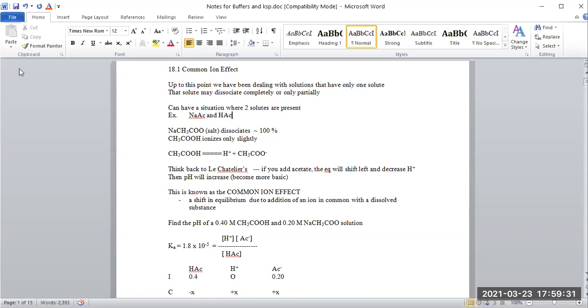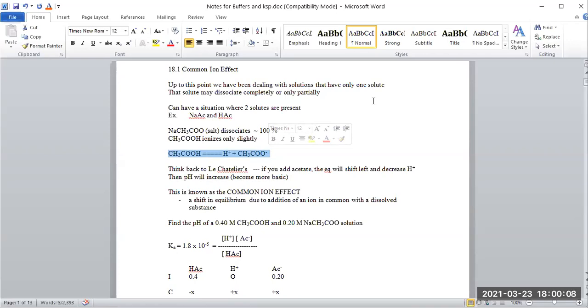So think about some of the things that we talked about in terms of Le Chatelier's. Look one line back. If we look back at that one, if you added some extra acetate, well, you're pushing on the right-hand side, so the equilibrium will shift to the left, which also means it's going to decrease your H plus.